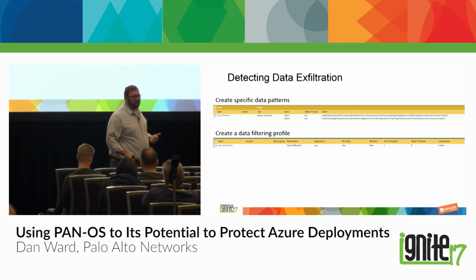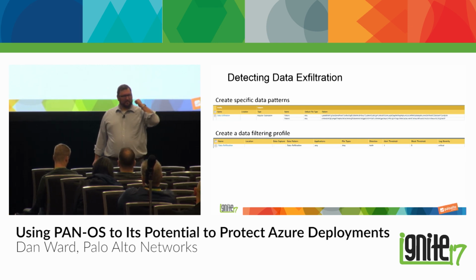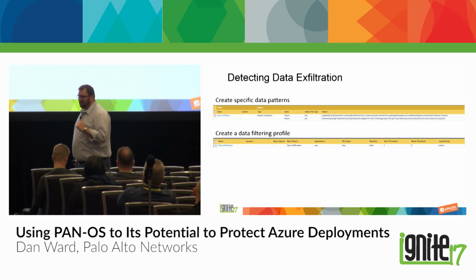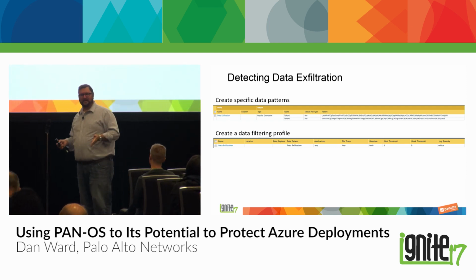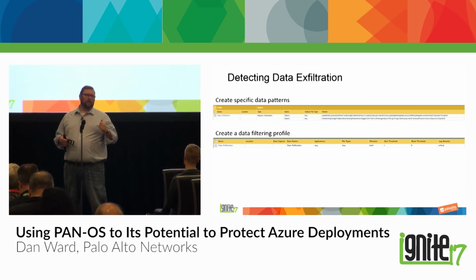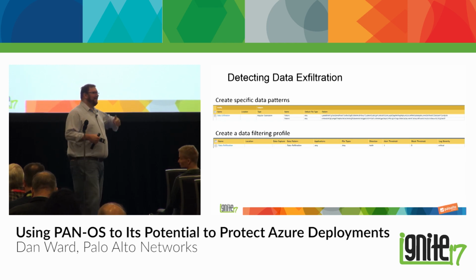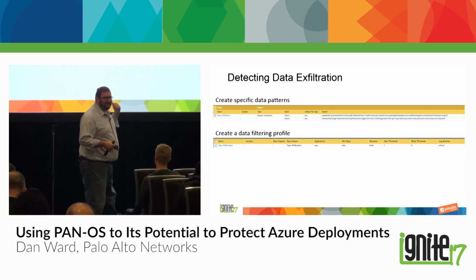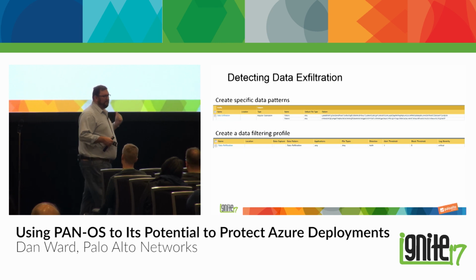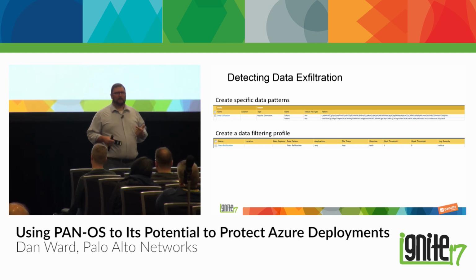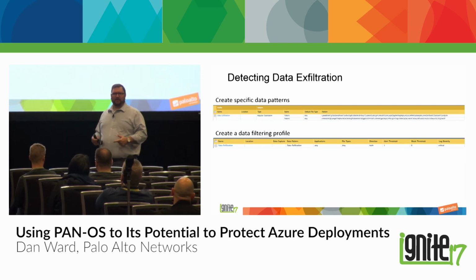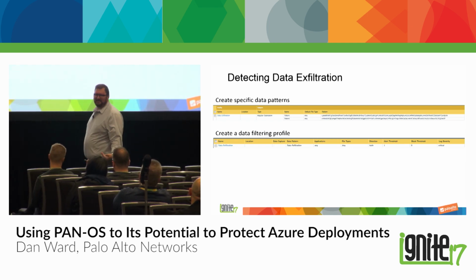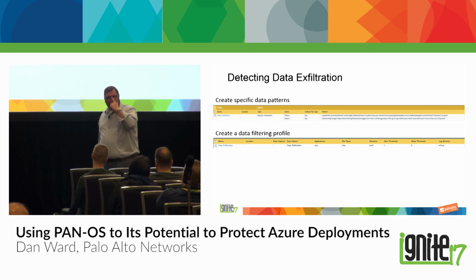Did that go to an office in the United States? Did that go to a government entity in China? My risk profile is probably a little bit different based on that type of context. So we give you visibility into that activity. We give you understanding of how important that activity is to your organization based on all this additional context that we're providing, right?